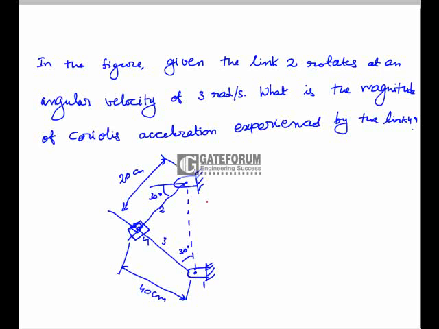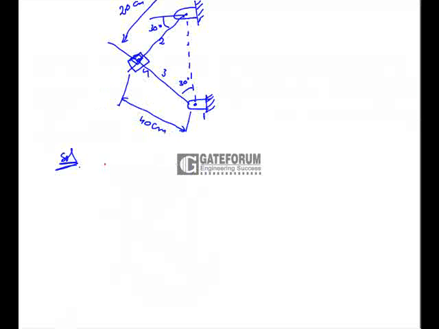In the figure given, the link 2 rotates at an angular velocity of 3 radians per second. What is the magnitude of Coriolis acceleration experienced by the link 4? Here is the link 4. So here the Coriolis acceleration component is given by 2 v omega.